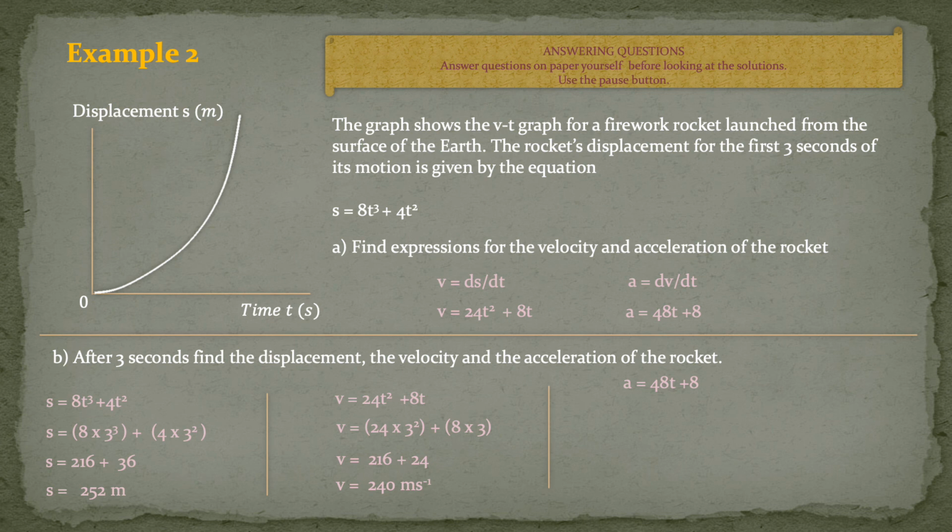And finally, the acceleration equation is 48t plus 8. Put in our 3 seconds, and the acceleration after 3 seconds is 152 meters seconds to the minus 2. That, of course, is a very large acceleration. Rockets are capable of such things.